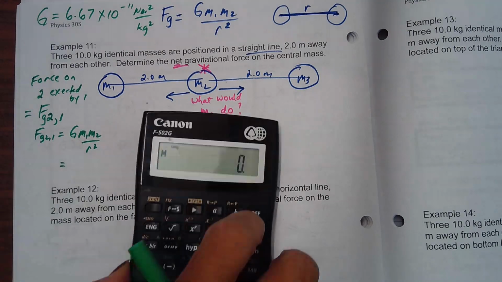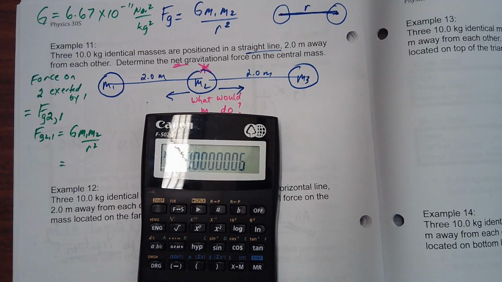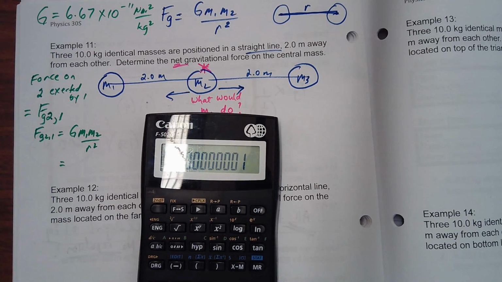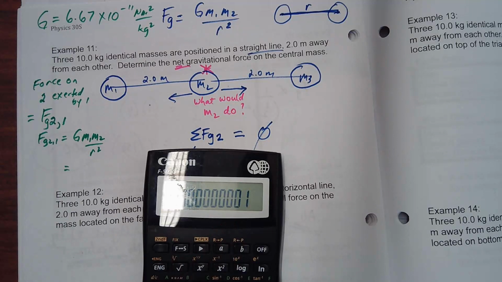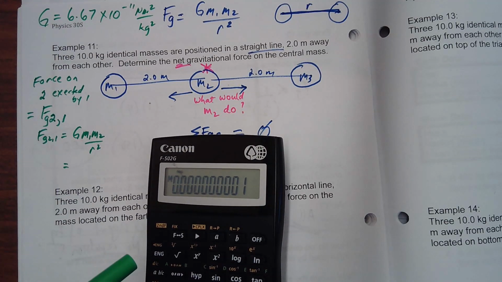Measured by Cavendish, you don't have to memorize that. Okay, so let's put our numbers here. 6.67 exponent negative 11 times mass 1, which is 10, times mass 2, which is 10, equals, and then divided by 2 squared. My calculator doesn't record everything, so all I got is this one. Does any of you have calculators that do this?